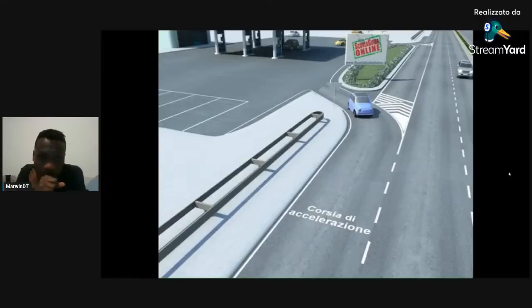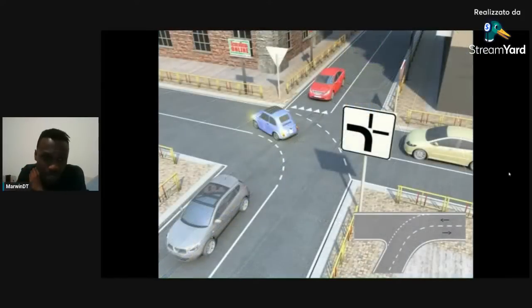Now, corsia di accelerazione, it also has the linea tratteggiata as you're about to enter on the main road or on the autostrada or on the extraurbana principale. It's also used to separate the main road, which is the road that has diritto di precedenza, from the incrocio of roads that do not have the right of precedence.